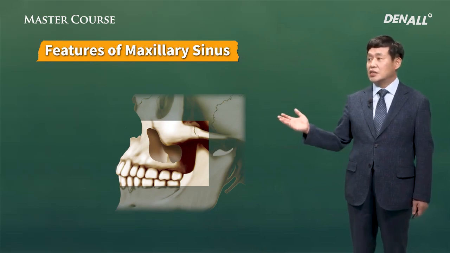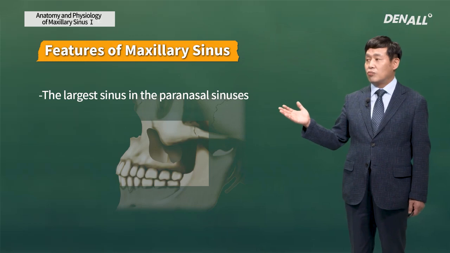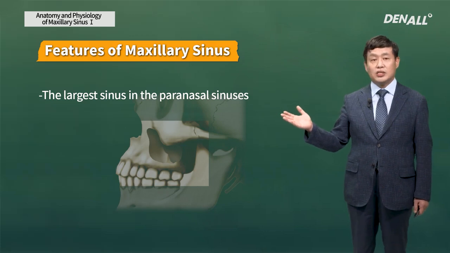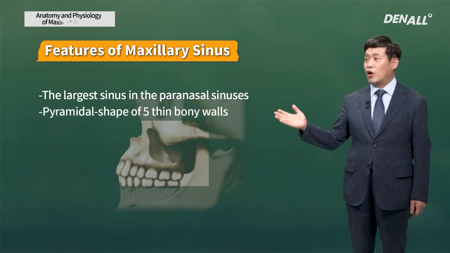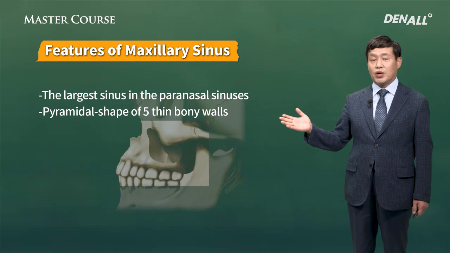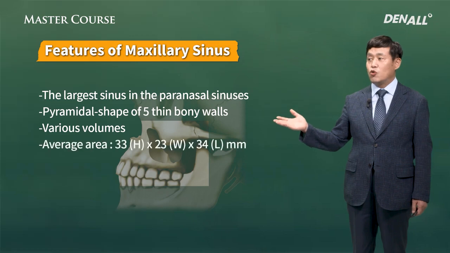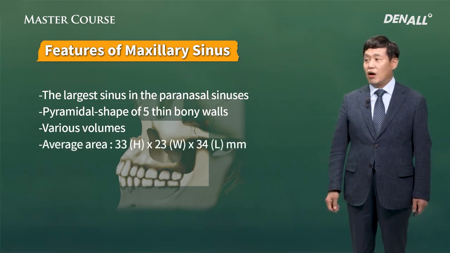Features of maxillary sinus. It is the largest sinus in the paranasal sinuses. In terms of shape, it's a pyramidal shape of 5 thin bony walls. In terms of volume, it differs from person to person, and it's different from left to right.